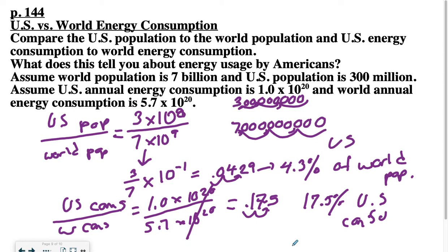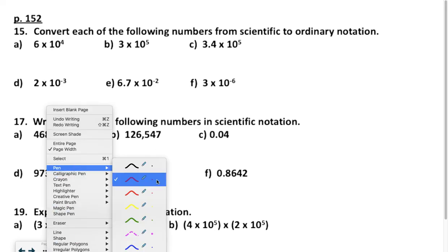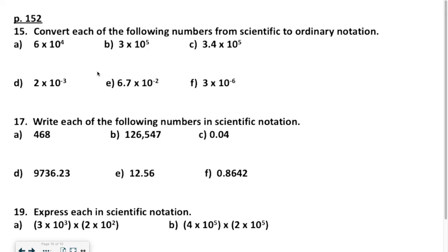I'm just going to work the last slide out quickly so you guys can compare, but everything has been covered that involves scientific. Convert from scientific to ordinary. So we're going to move our decimal out by the exponent. So here the exponent is positive 4, so we move 4 to the right. 3, 4, 5 to the right, 5 to the right again.